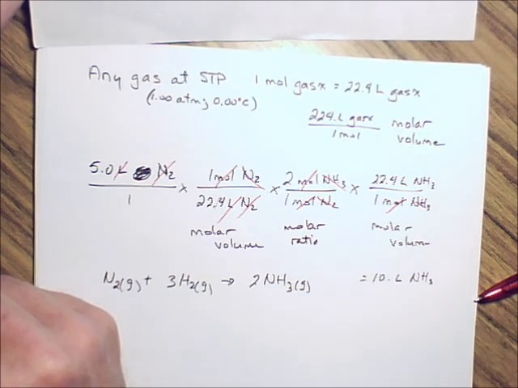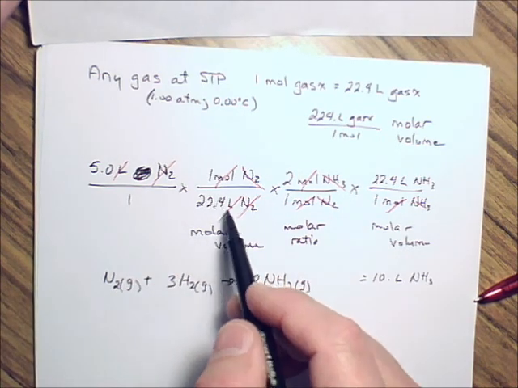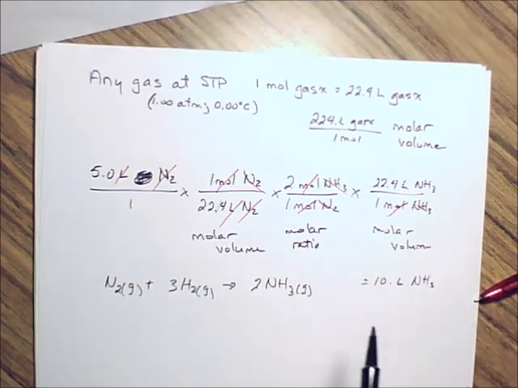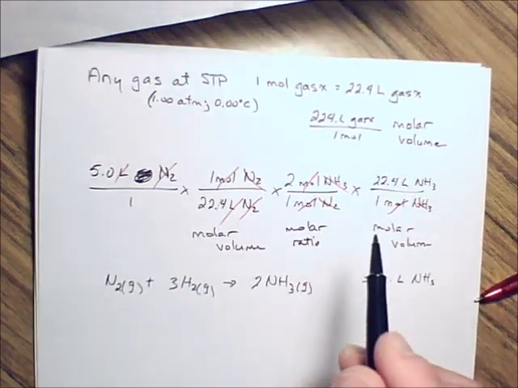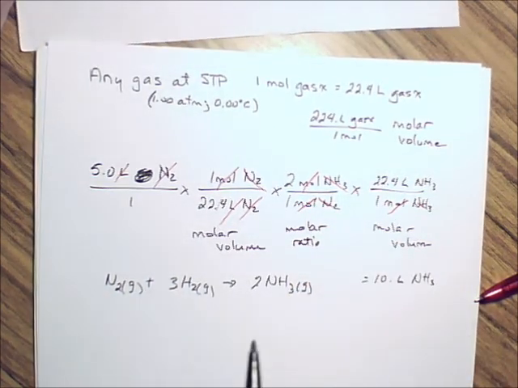Got it? So stoichiometry with gases, really, really simple. I got molar volume. Don't have to do any calculations for molar mass. Simple stuff. Next question.